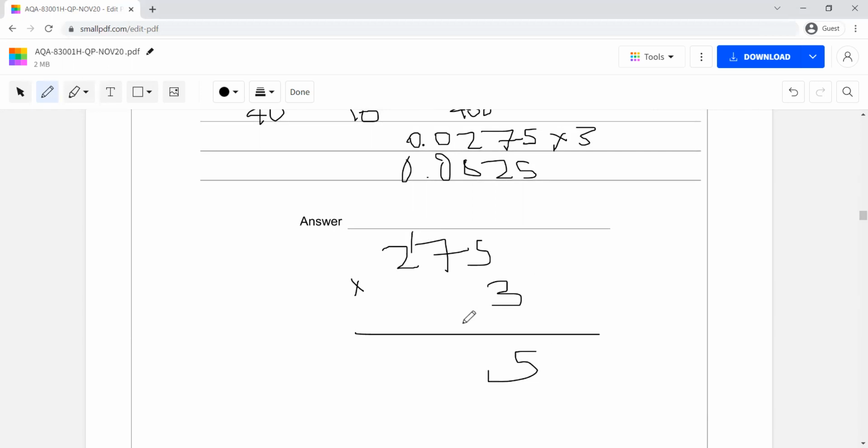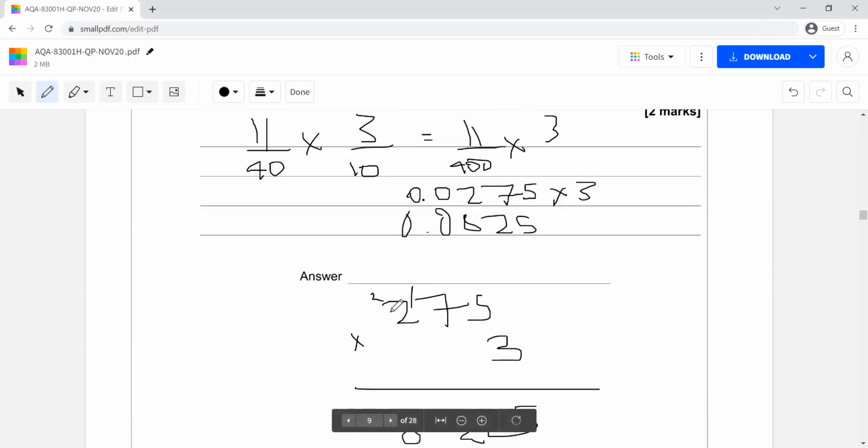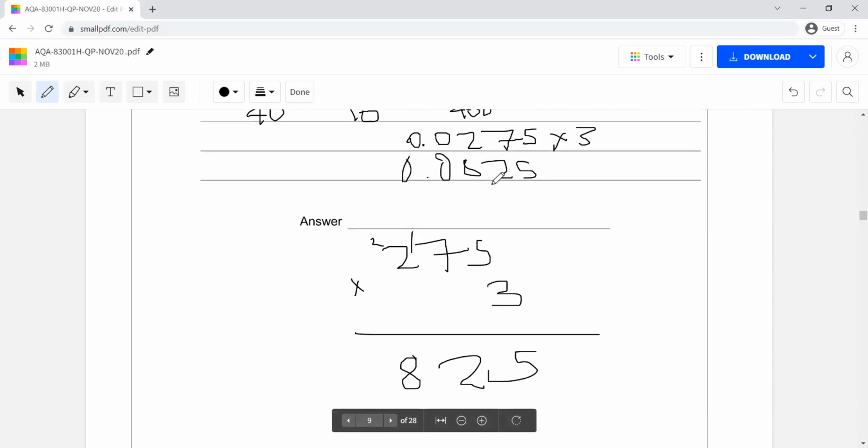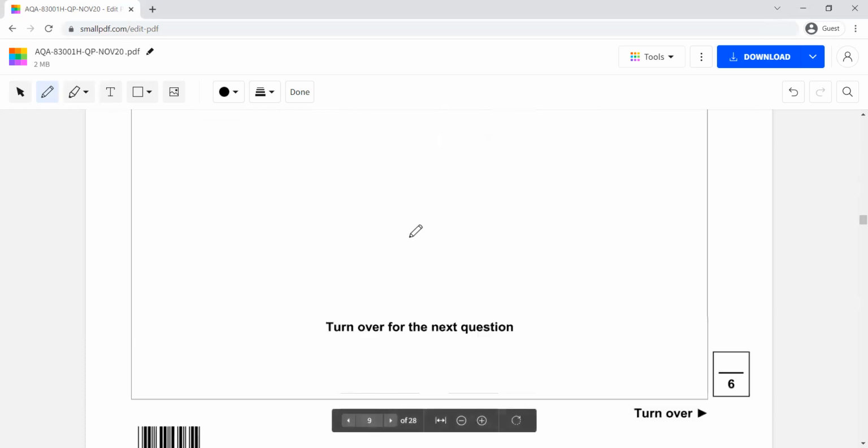Carry the 1 over, get 2, right? And then we have 2 over here, and 3 times 2 is 6, and add it to 825. So this is the relationship between solving this and solving 275 times 3.